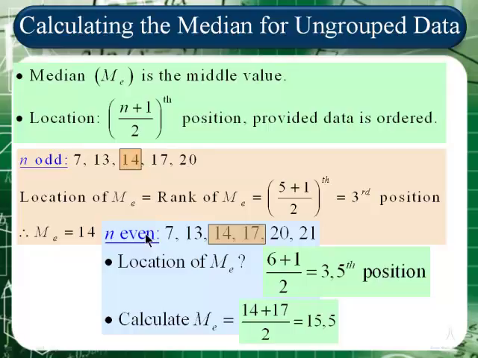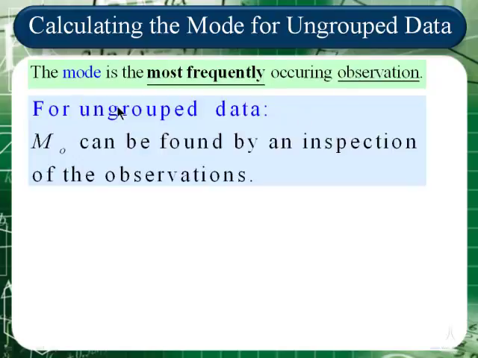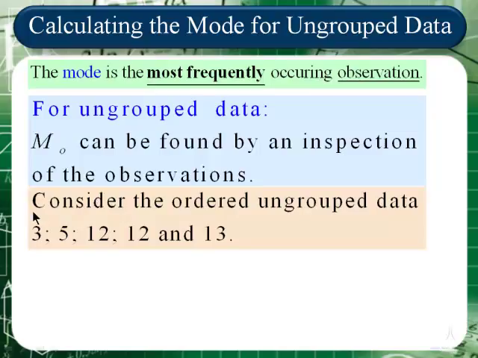Let us focus on how to calculate the mode for ungrouped data. The mode is the most frequently occurring observation. For ungrouped data, the mode, which is normally indicated by M subscript O, can be found by inspection of the observations.